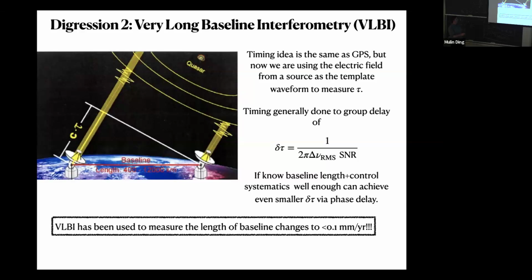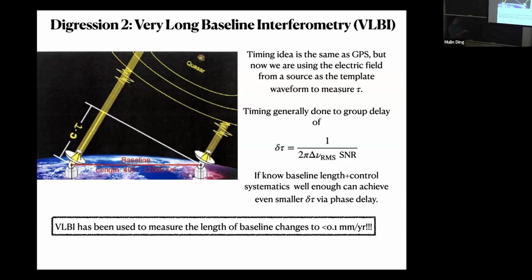The waveform is the same, so there's some template waveform that hits this dish, and then you can go over to this dish and see what delay I have to assume in order to align this waveform with this waveform. Once you align the two, you've measured this delay, so you've measured this distance.